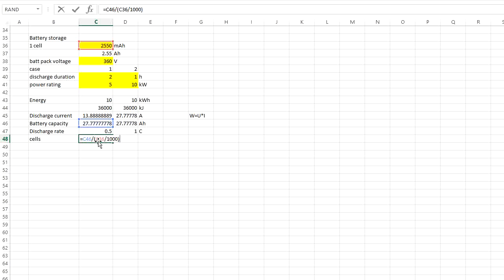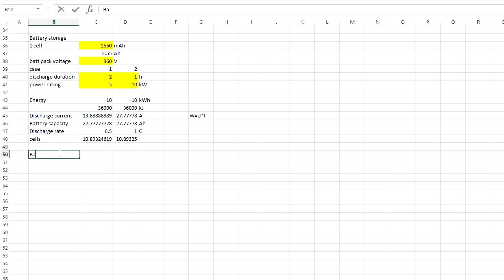So like this. And we get a result that we will need 11 parallel cells of this battery type, since one battery has 3.6 volts, so 100 cells in series.